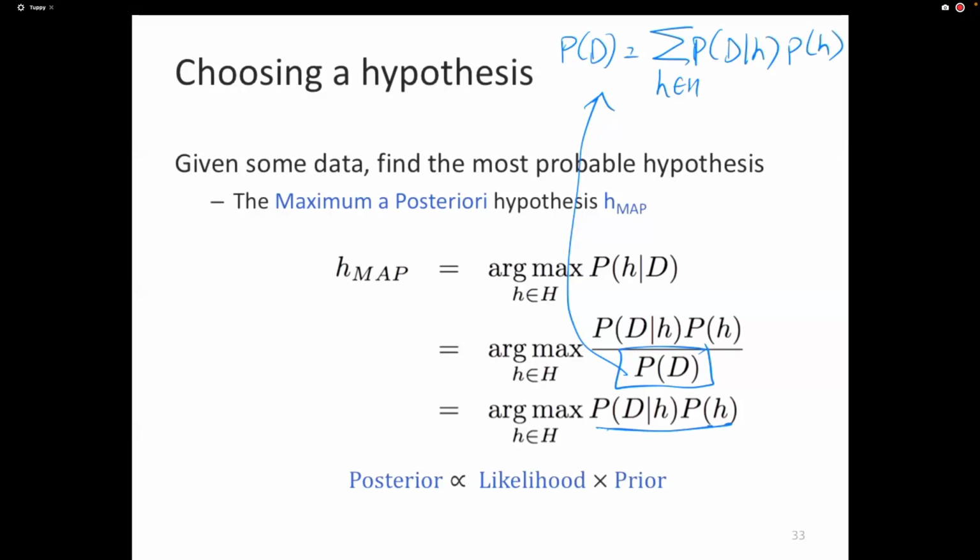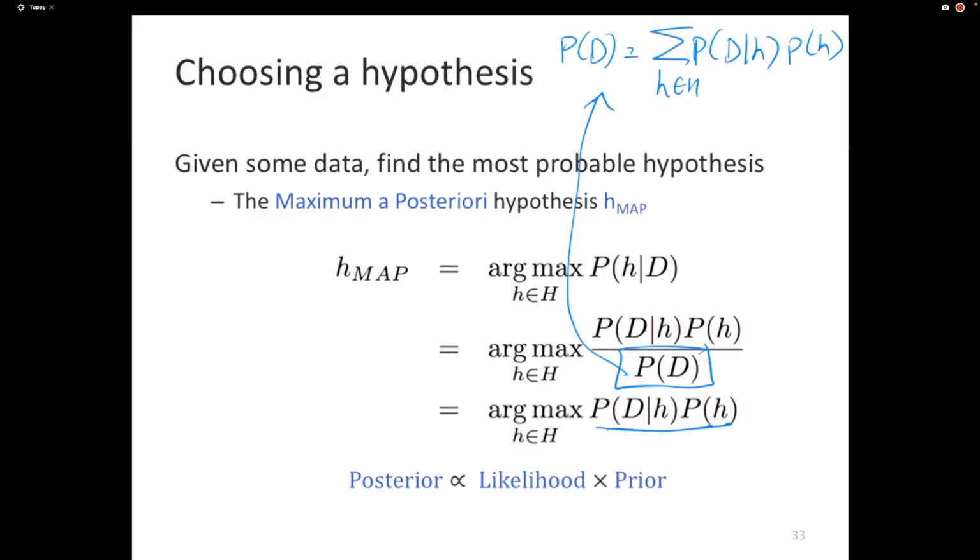We are enumerating all possible hypotheses and asking, did this hypothesis generate the data, or that hypothesis, each one, and you are adding up all of these things over all the hypotheses and asking for the total probability. It's not one just because you've observed the data. Your observation may be an extremely unlikely data set, and it just doesn't matter, because whether it's likely or unlikely, it doesn't affect your choice of the hypothesis.